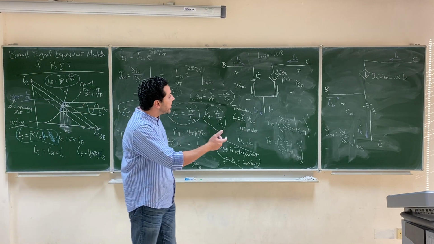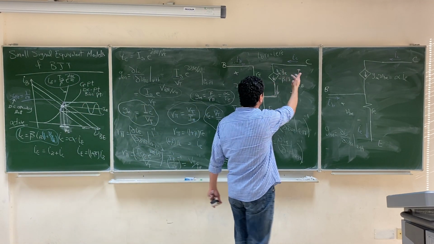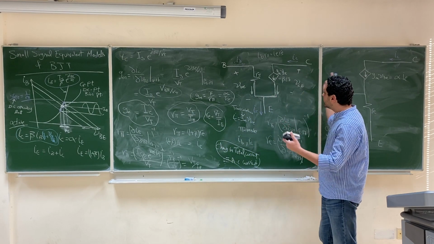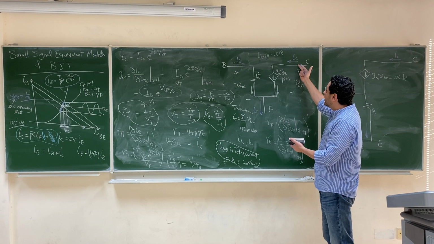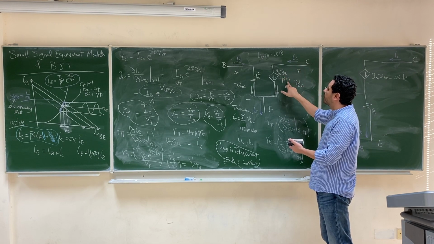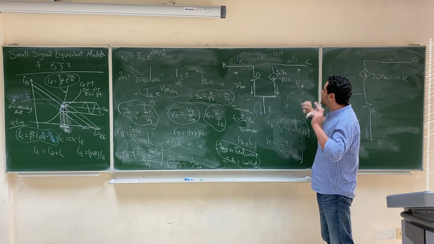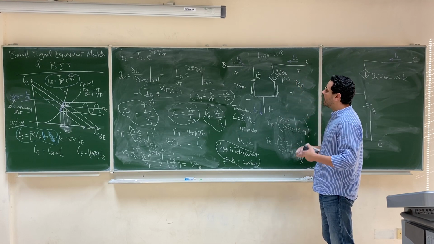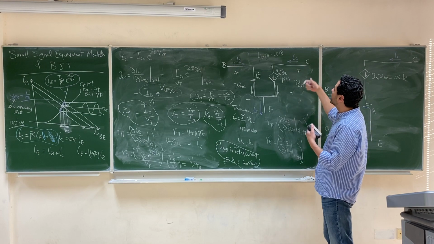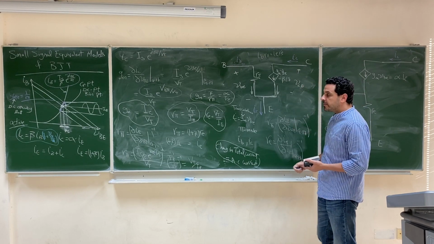How to include the dependence of the collector current on VCE in these models? As you see from the current models, IC is dependent only on VBE or on I base, beta I base. It doesn't depend on VCE by any means. So how to include the early effect, how to include the dependence of IC on VCE?